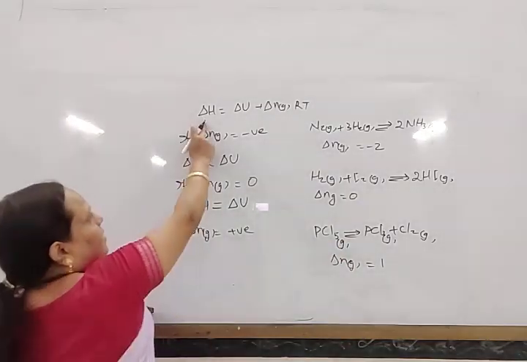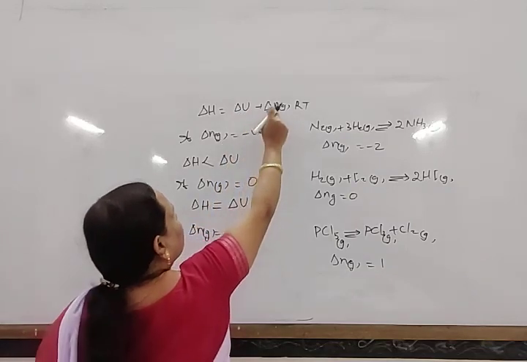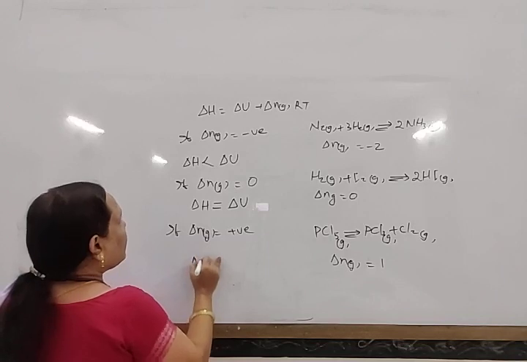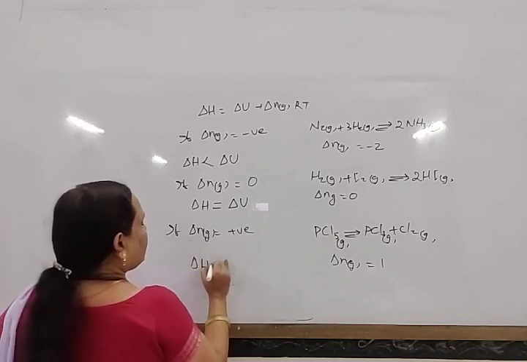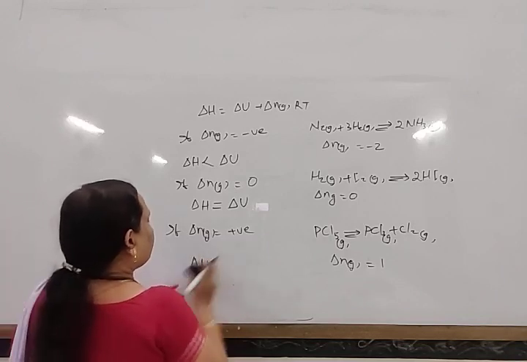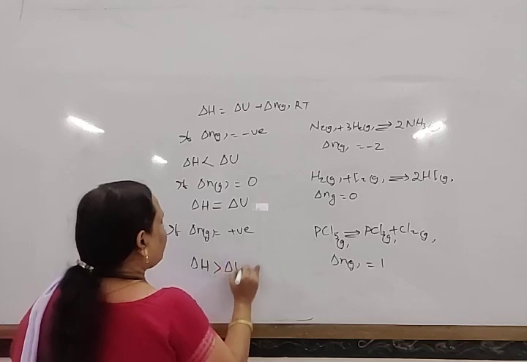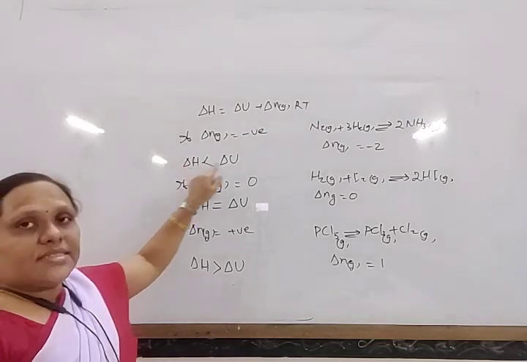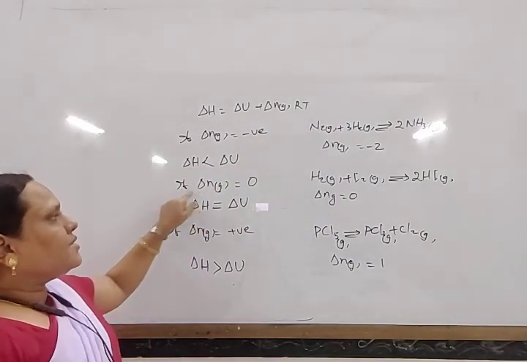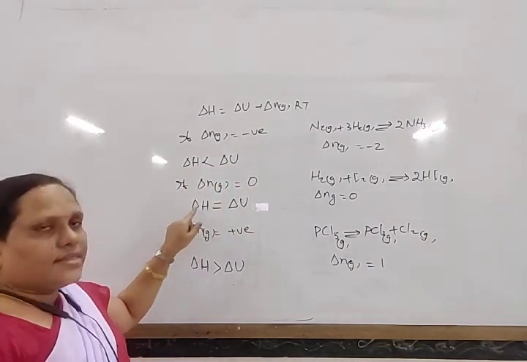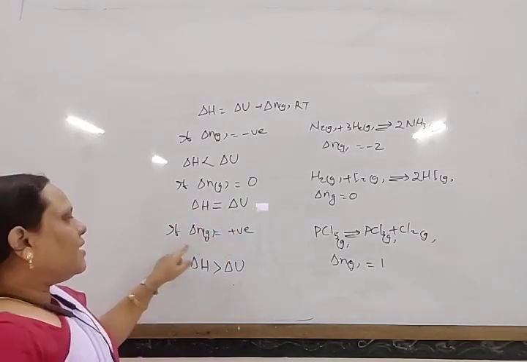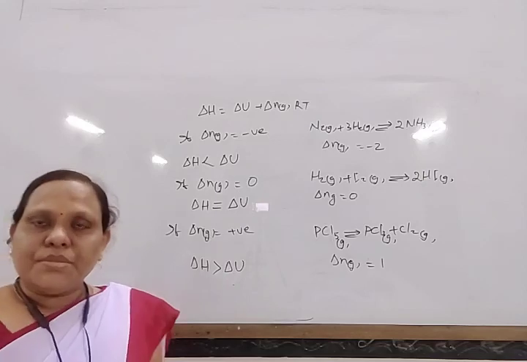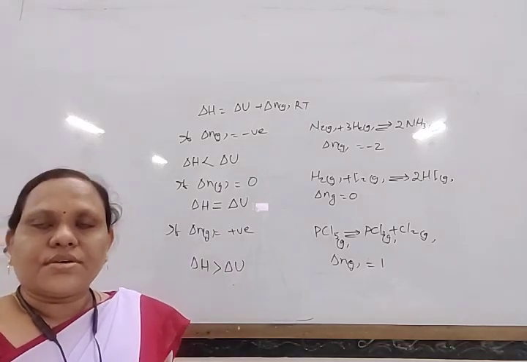So del H is equal to del U plus 1 into RT, something is added, so del H is greater than del U. If del Ng is negative, del H is less than del U. If del Ng is 0, del H equals del U. If del Ng is positive, del H is greater than del U. Remember this. Next class we will discuss some other questions.